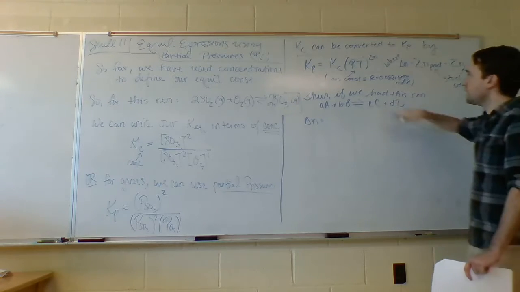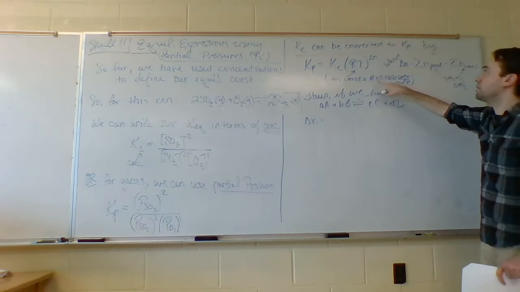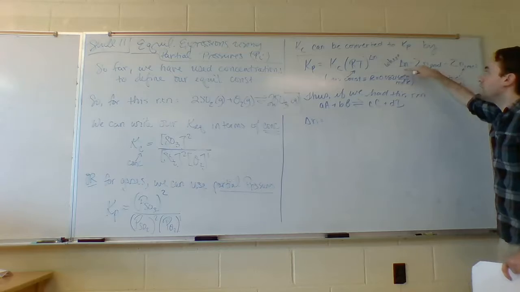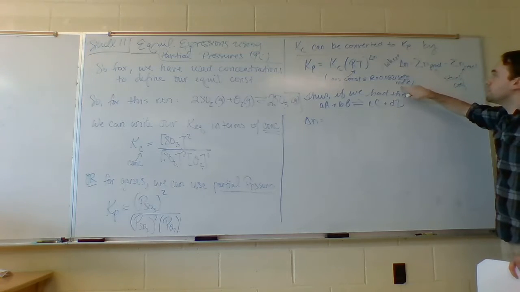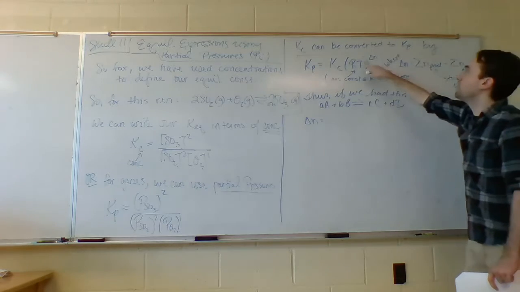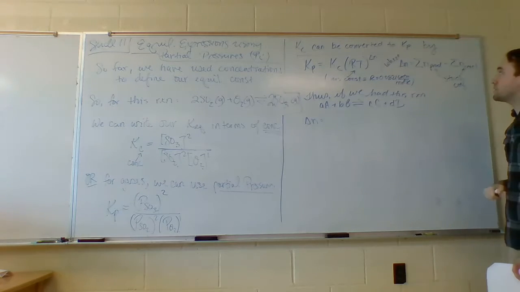Now, I defined our gas constant here, if you've forgotten. So R is equal to 0.0821 liters atmospheres divided by moles Kelvin. Since we're dealing with Kelvin, remember to convert your temperature to Kelvin as well.